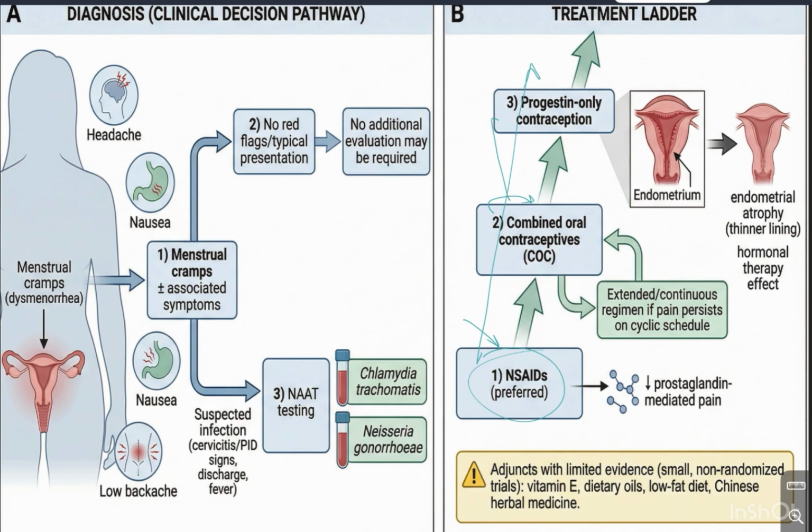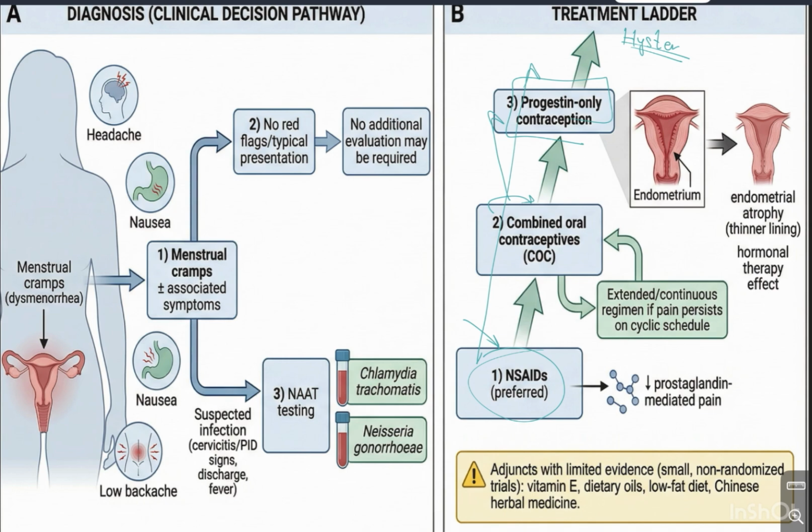Some say that if pain still persists, they can even go to hysterectomy, but hysterectomy means there will be no fertility, so we will not talk about it. There are other agents with limited evidence that are said to be beneficial for women, including vitamin E, dietary oils and a low-fat diet, and some Chinese herbal medicine.